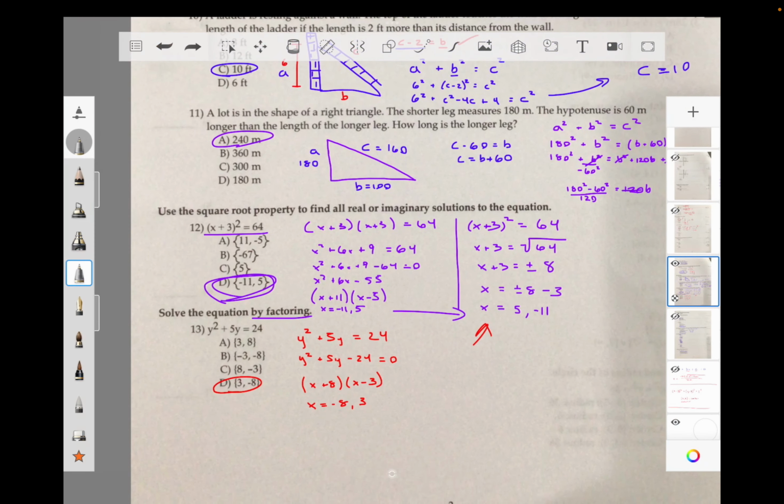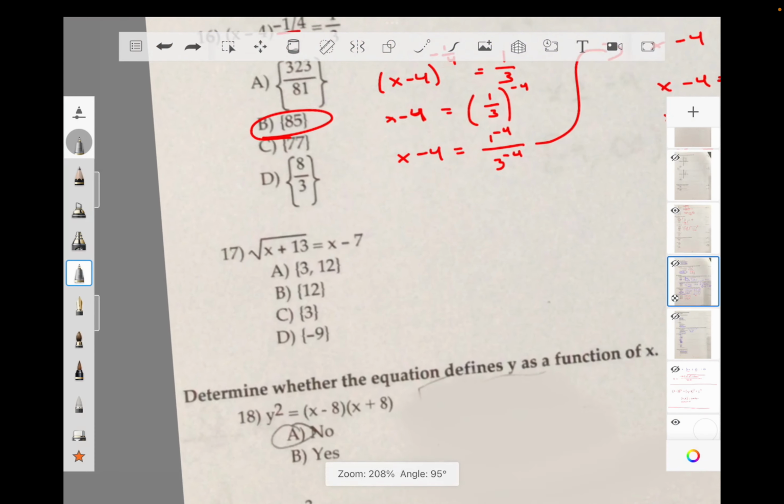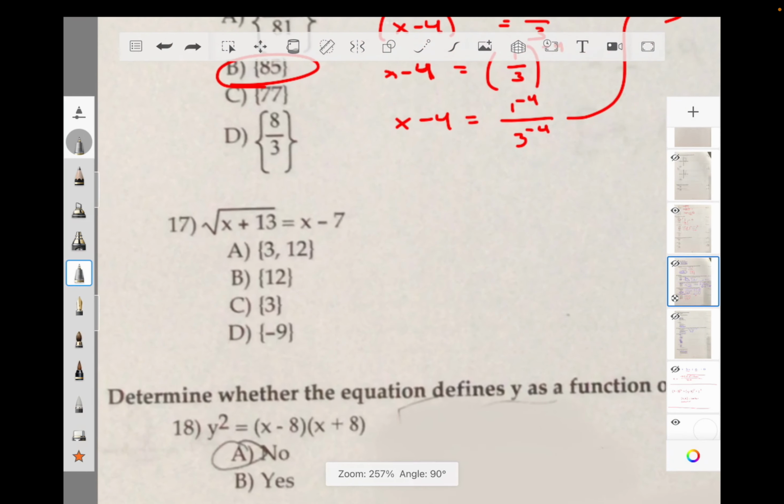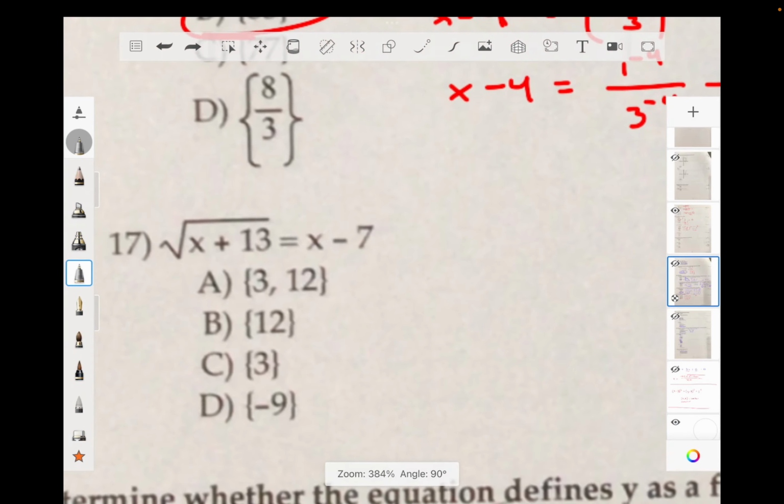But since there's two of them and there's one on either side, you're just going to have to use a quadratic and factor it. So let's solve for x.